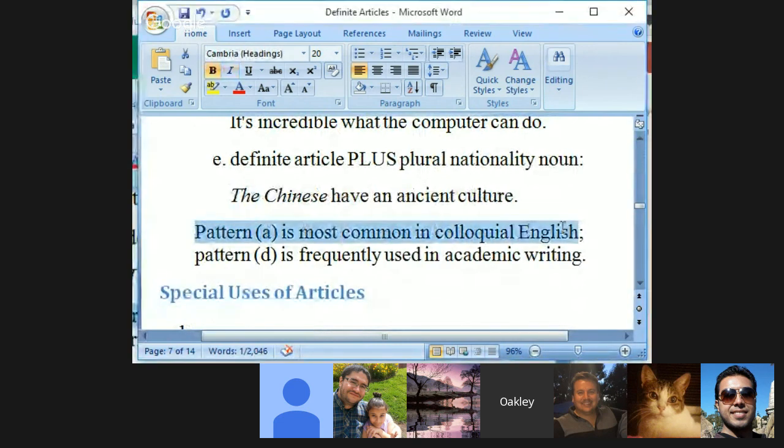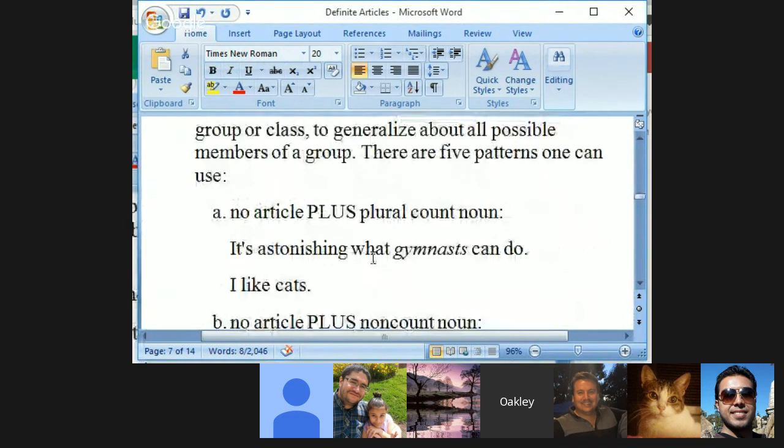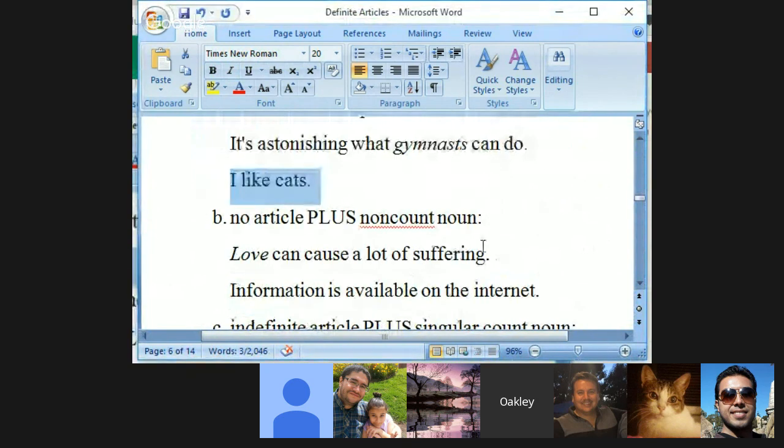Pattern A, okay, for these patterns we just looked at, pattern A is the most common in colloquial English, that is to say, speaking. If you remember, using the plural noun: I like cats. This would be most normal in speaking. Or, I like water. I like chocolate. Okay, with uncountable noun, no article.